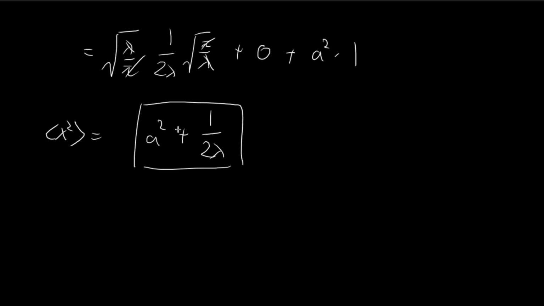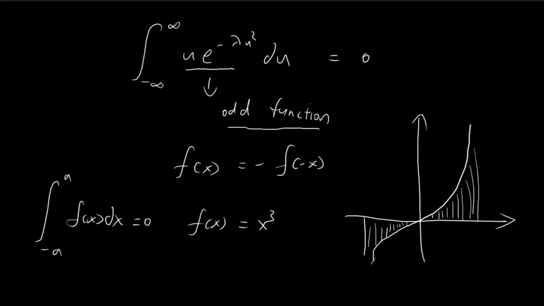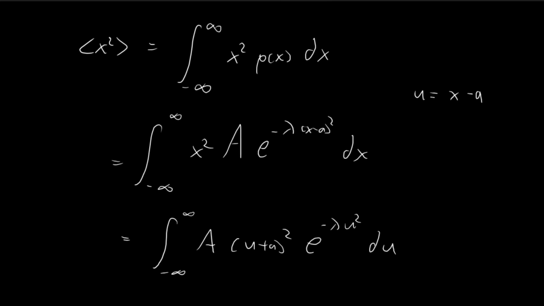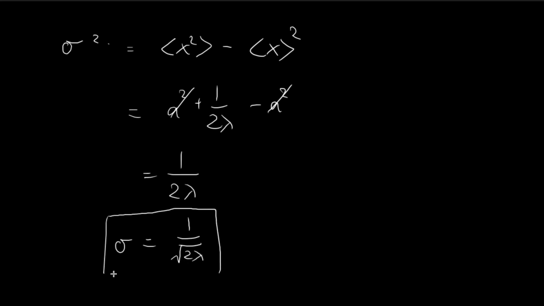So first of all, we have the expected value of x squared, which is just a squared plus 1 over 2 lambda. So this is what we just found. And then the expected value of x, we found that this is just equal to a. And so therefore we have minus a and then squared. So these two conveniently cancel out. So in the end we have 1 over 2 lambda. And so the standard deviation is just the square root. So there we have it. This is the standard deviation of the distribution.